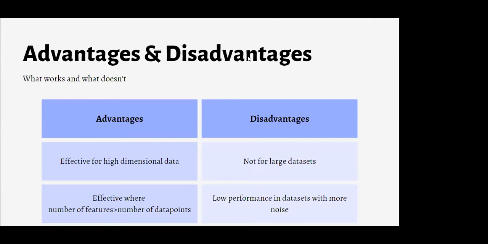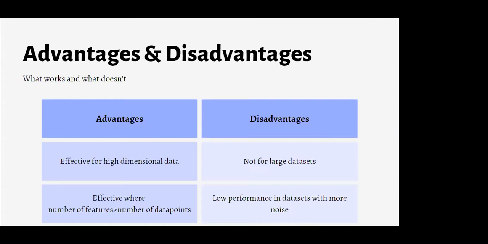The disadvantages of SVM: it is not for large data sets, because in large data sets we'll have a large number of features and also a lot of data points to plot. While going through the whole data set, it might take a lot of time to go through all the data points, plot them individually and then find the margins.